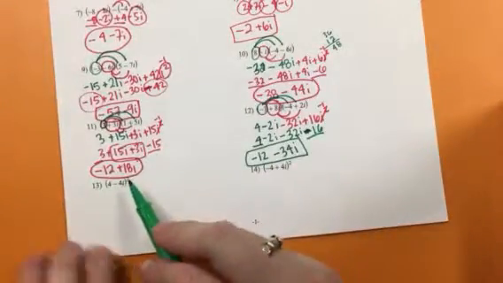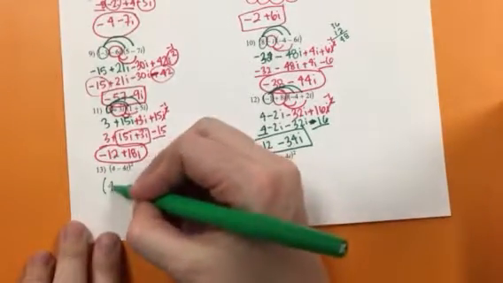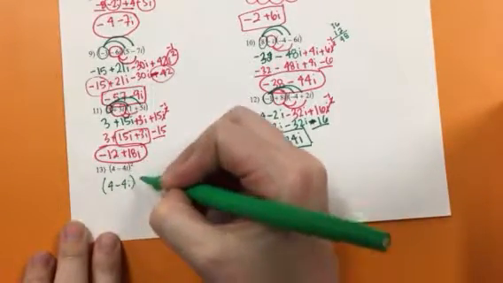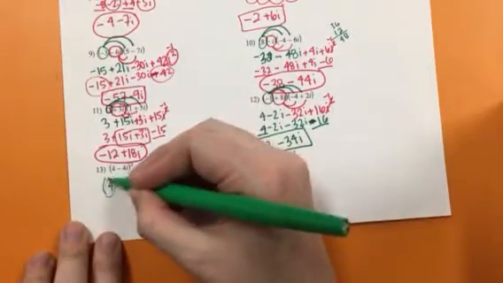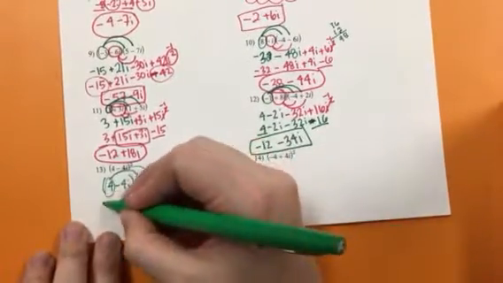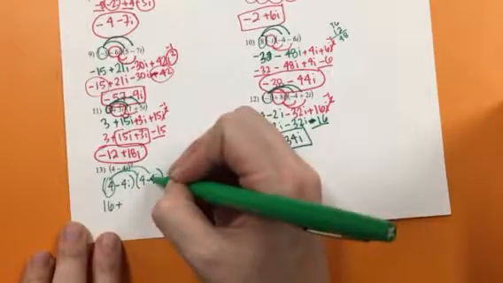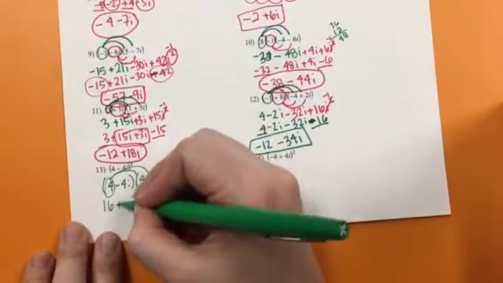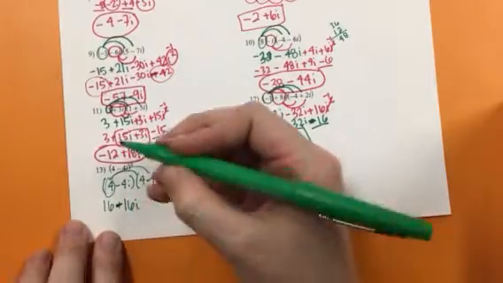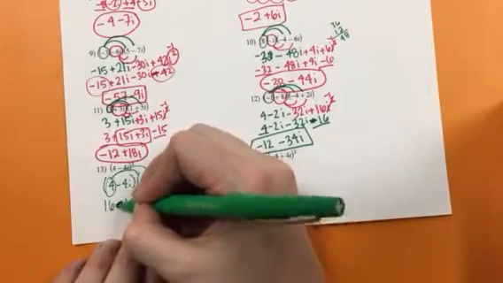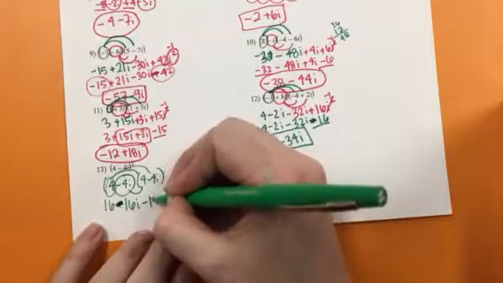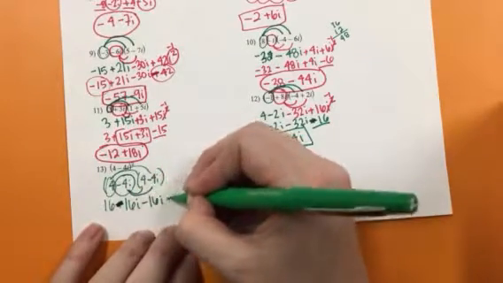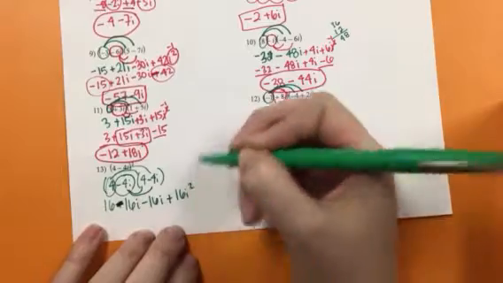When it says it's squared, that means we write it twice. So 4 minus 4i, 4 minus 4i, multiply it in, 16 plus, oops, that's going to be a negative 16i, negative 16i, positive 16i squared.